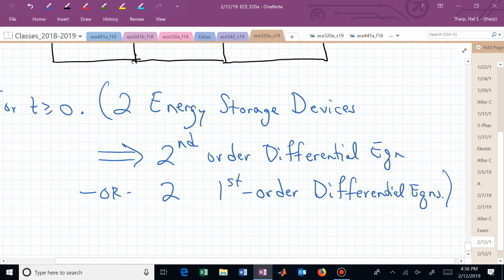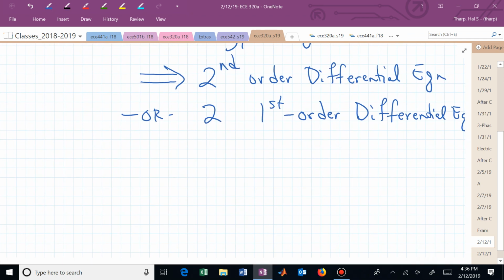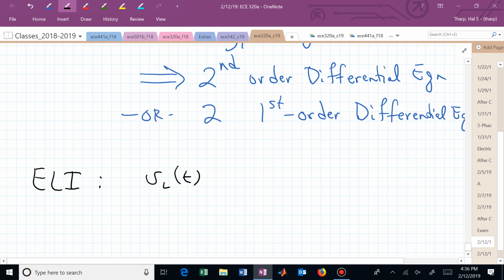And we can always rely on our friends, Eli and Ice. Eli tells us that the voltage across the inductor is proportional to the time rate of change of the current through that inductor, where the proportionality constant is L. It's L di sub L of t dt.